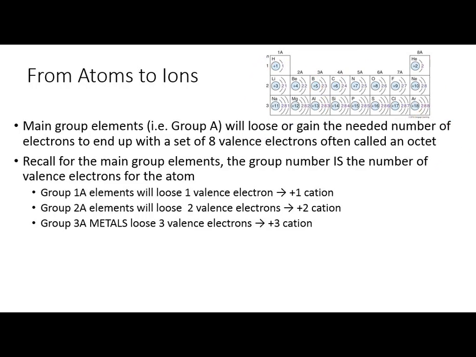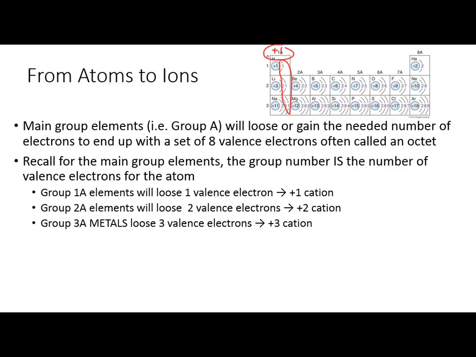So it all has to do with valence electrons. And what we're going to see is that these group 1A elements lose their 1 valence electron. Sometimes students will put a +1 charge up here at the top of the alkali metals, because they form a +1 cation by kicking off that 1 valence electron.